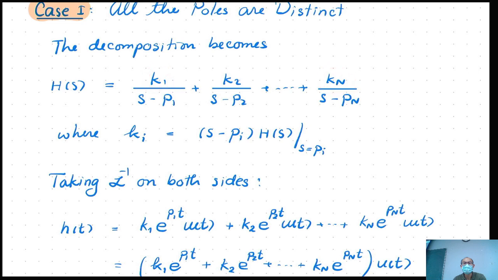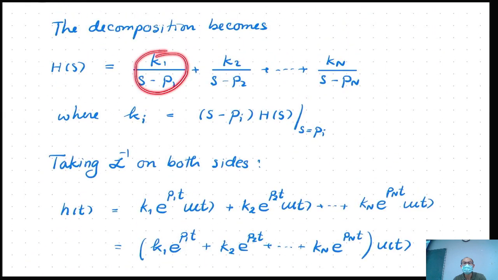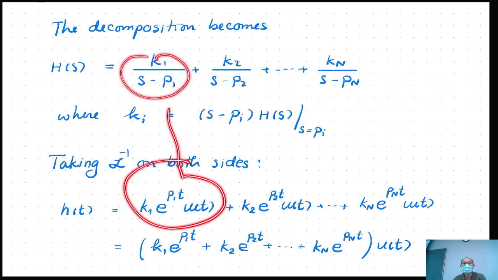Once we've got all of the k's, we can take the inverse Laplace transform of each of the terms. We know that if we take the inverse Laplace transform of a term like this, the time domain function will be the exponential function with Pi as the coefficient in the exponent.